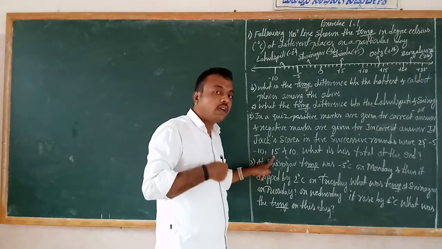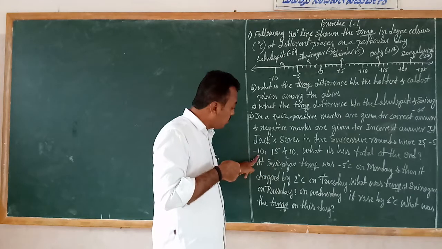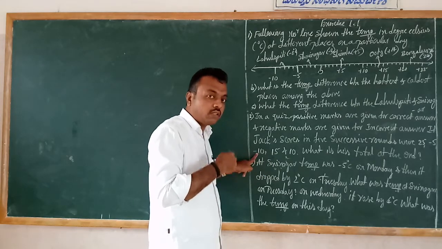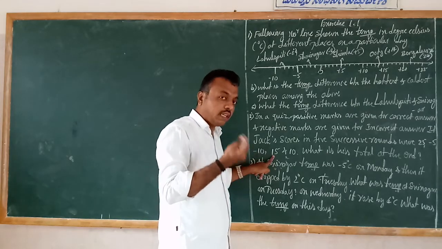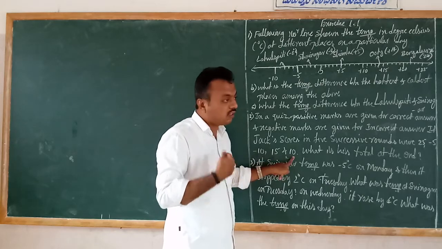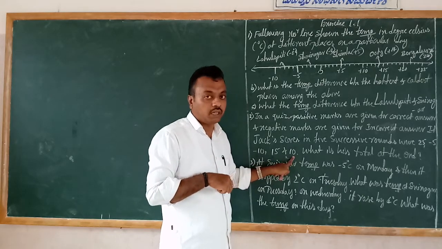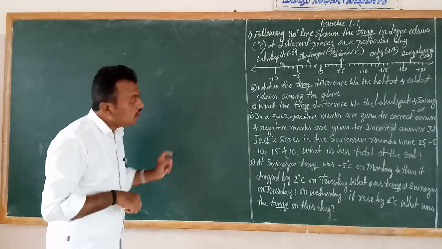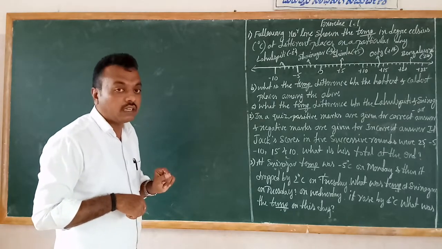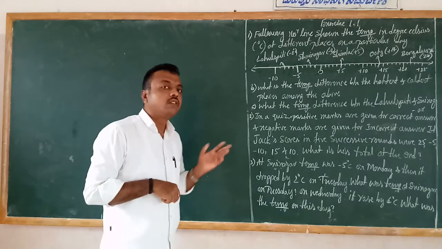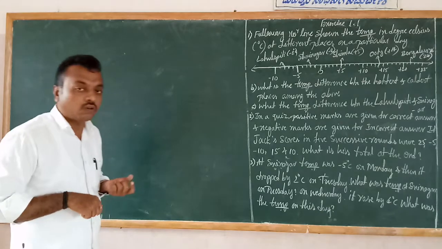In the fourth round, minus 10, he lost again. In the fifth round he gained 15 marks, and then 10 marks. So what is his total at the end after the quiz? What is his total score?